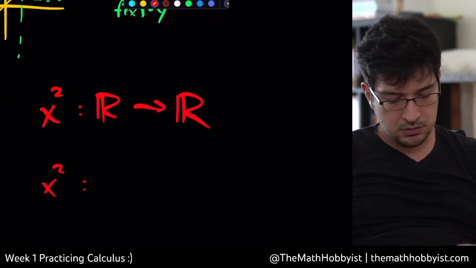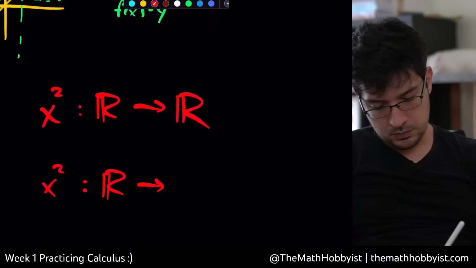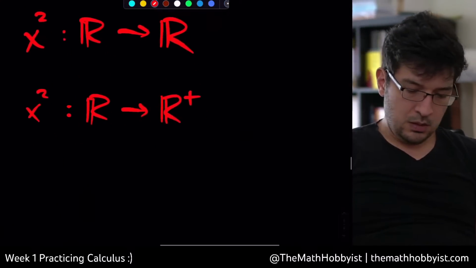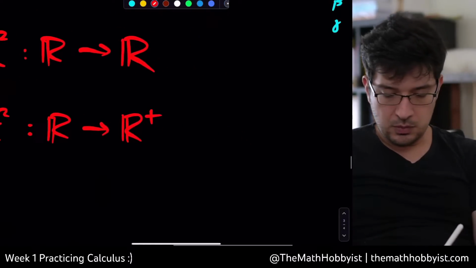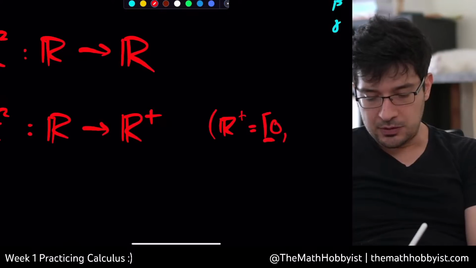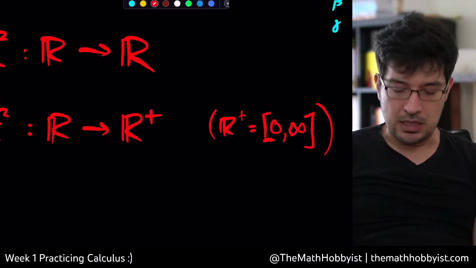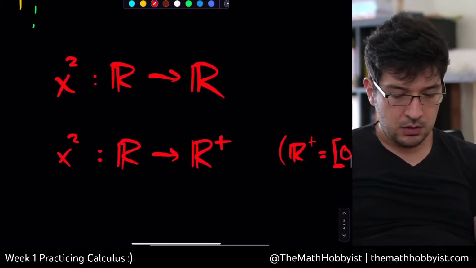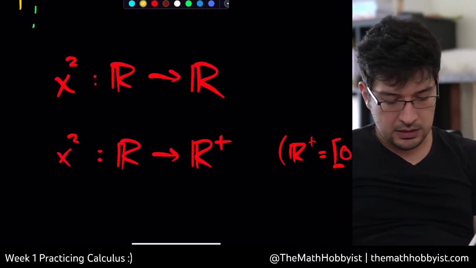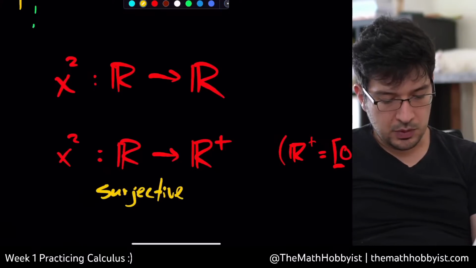But it has a sibling from R to R plus. What is R plus? R plus is the set of all real numbers from 0 to infinity, the set of all non-negative real numbers. This one is surjective. This one is not.